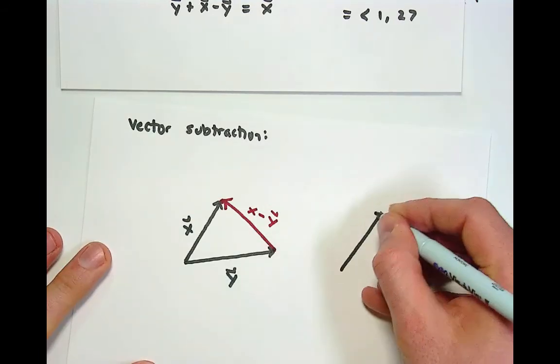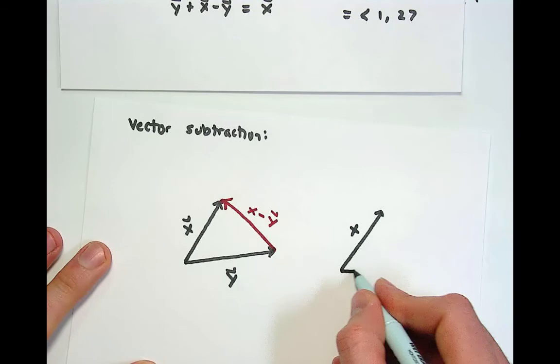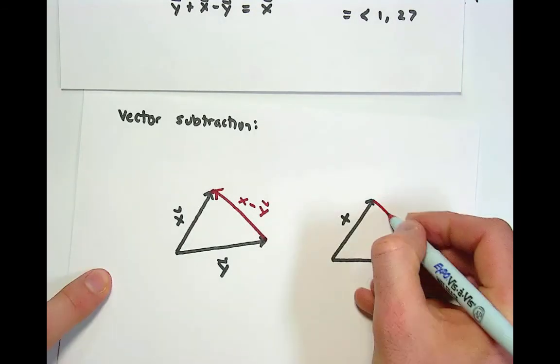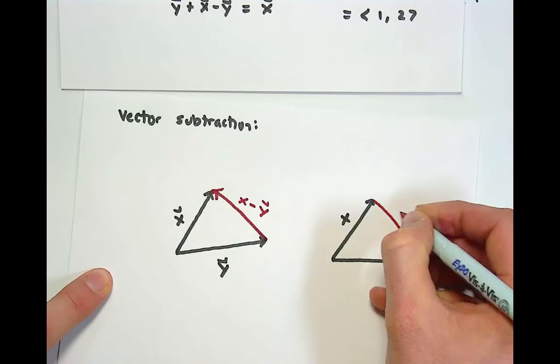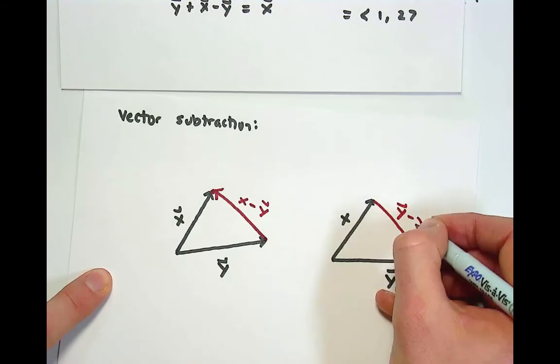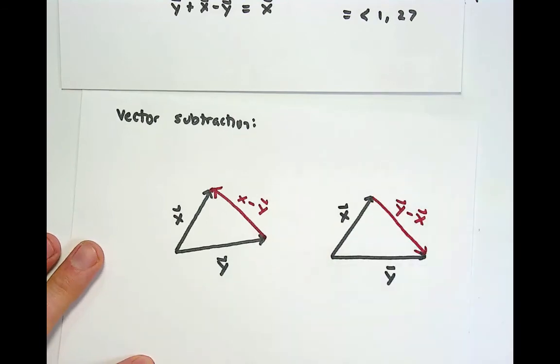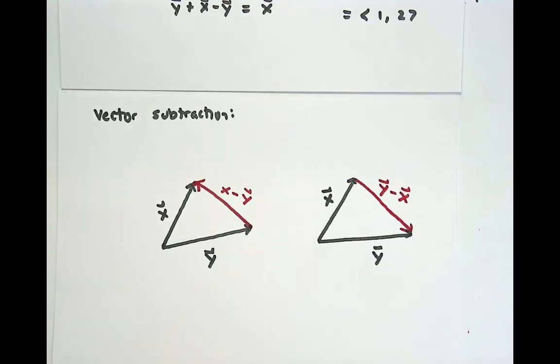Similarly, the vector going from x to y would be y minus x, right? Based on that same analysis. All of which is brought to you by a combination of scalar vector multiplication and vector-vector addition. Okay.